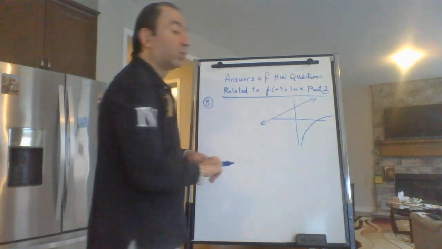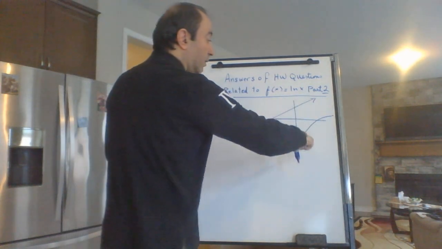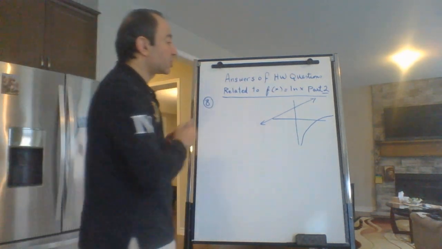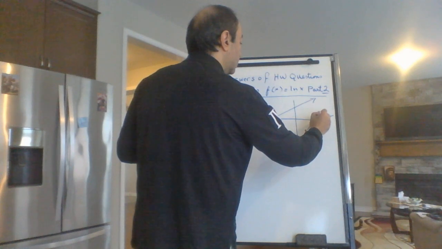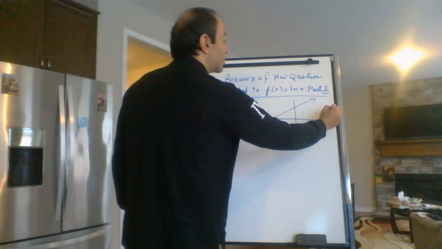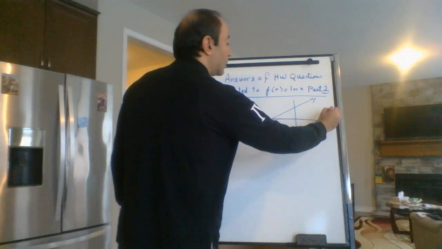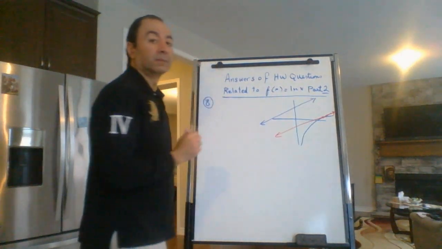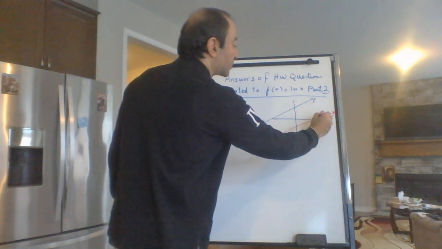They want to know at which point on this graph, if we draw a tangent line, this tangent line to this curve will be parallel to this line. So we need to find the coordinates of this point.